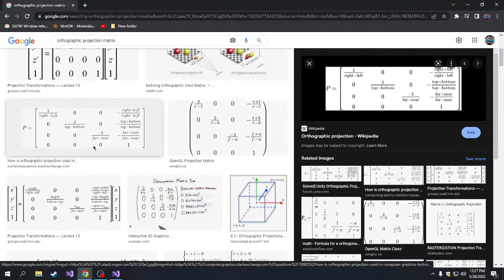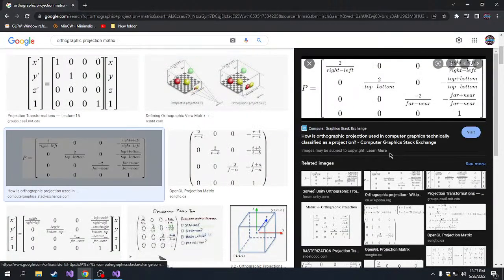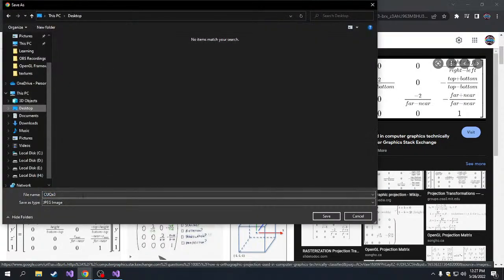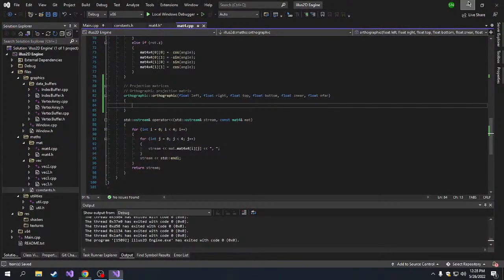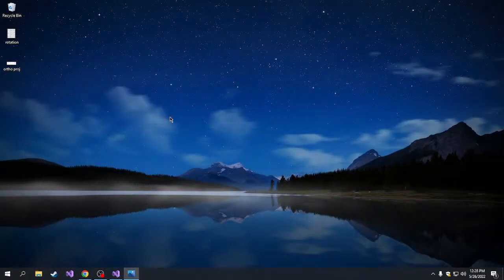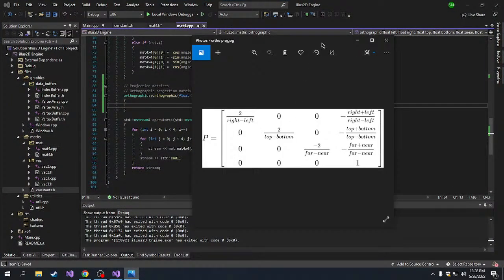We'll just copy it, save image as, save it to desktop, and call it orthoproj.png. We get the image of the orthographic projection matrix, and this is our matrix.